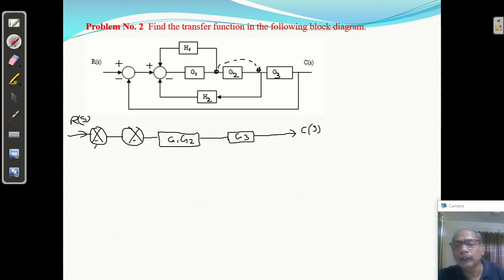I'm taking a unity feedback from here. From here I'm taking unity feedback, right? Now you can say here, this was H2. Okay, so this is H2.